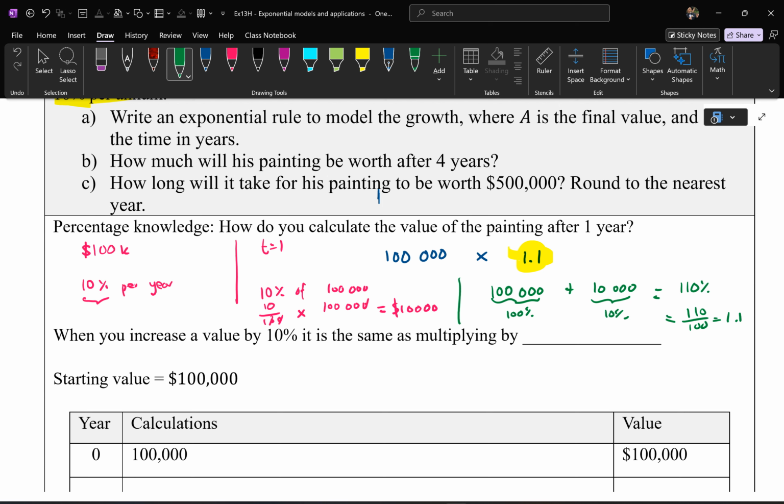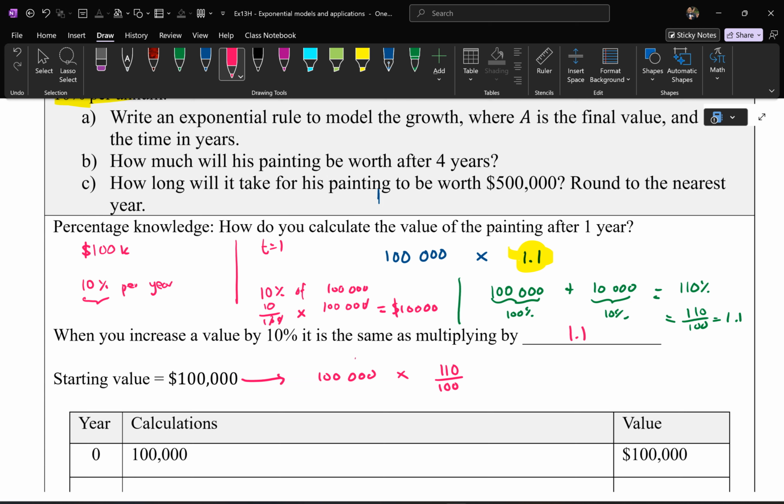Okay, so all you had to do in this step was recognize that when you increase a value by 10%, it is the same as multiplying by 1.1. Your starting value is $100,000, and it was quicker to multiply by 110%, because that together already means your original amount, which was $100,000, plus an extra 10%.